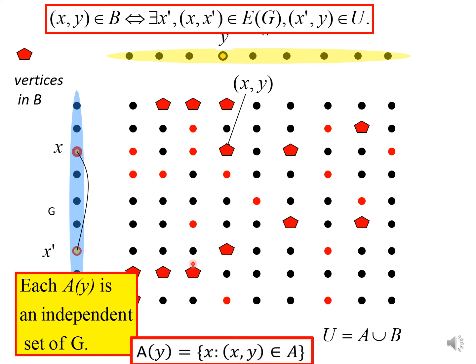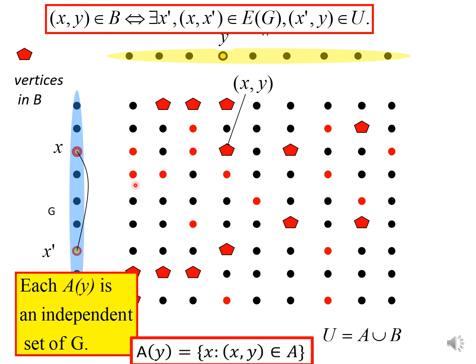Okay, it's convenient to think of each column as a copy of G. In that case, each column, we look at those vertices, but these two vertices regarded as vertices in G by just looking at their first coordinates. So this is my A_y, but actually I should look at here. This is a copy of G. It's convenient to think that way sometimes.